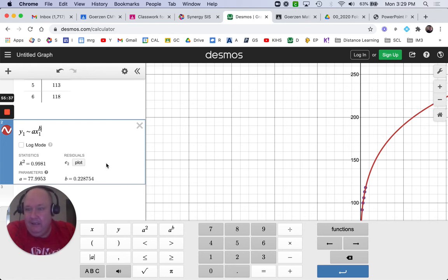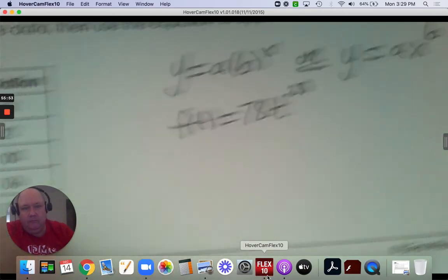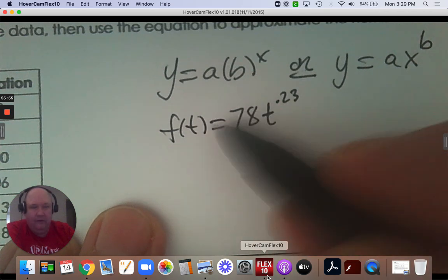So A is 78, and the exponent would be 0.23. And then use that model. T is the number of weeks.